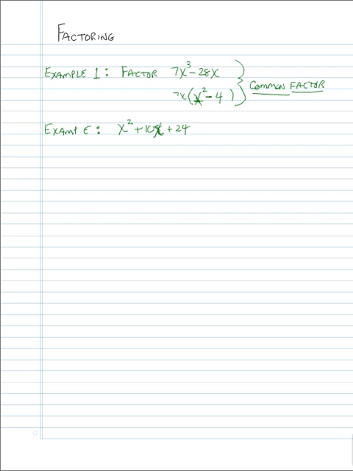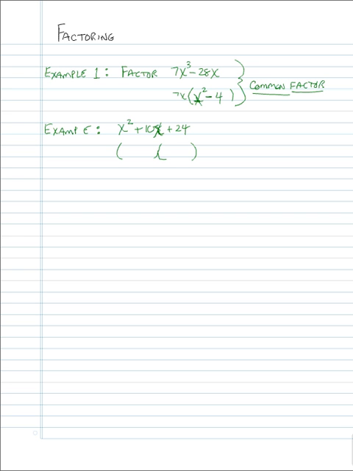Now, this is a trinomial, and the technique I use when we're factoring a quadratic trinomial, meaning the highest power is 2, I recognize, and I bet you do too, that that's going to come from a binomial times a binomial.